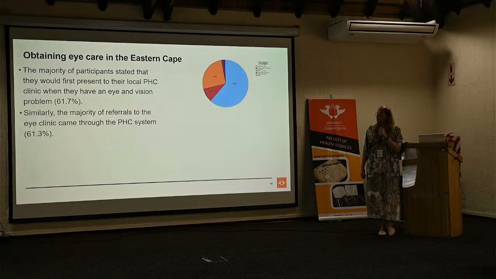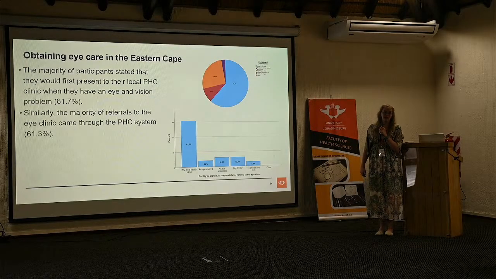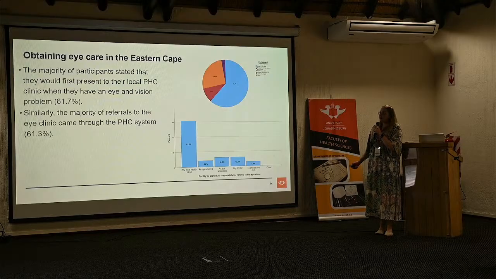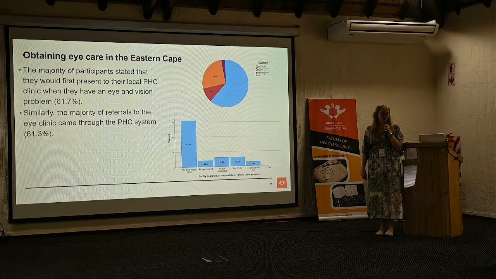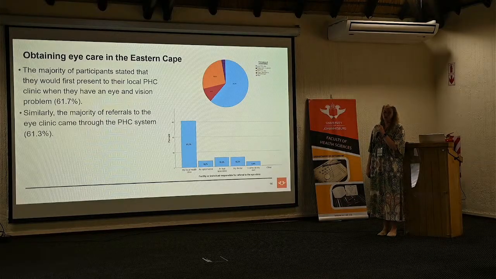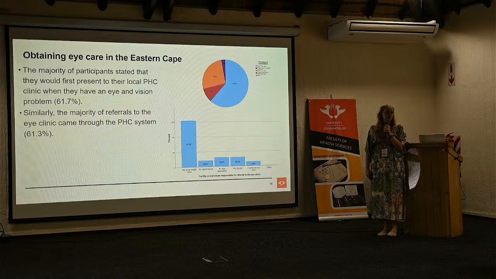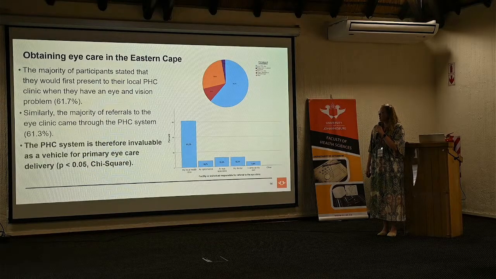So this makes primary healthcare clinics very important as a vehicle for eye care delivery in the public sector. You can see only about 2.6% of participants were referred to the eye clinic by an optometrist in the private sector. Again, because people could not afford to see a private sector optometrist.